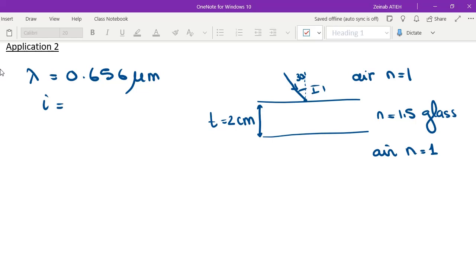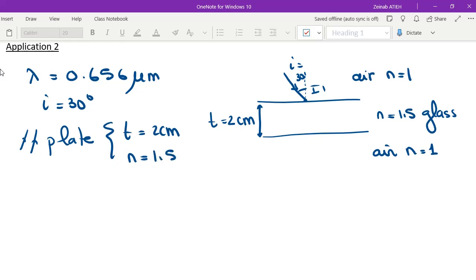I have I equals 30 degrees, and this is the I. The parallel plate has thickness T equals 2 centimeter and it has an index N equals 1.5. So I have a glass parallel plate with parallel faces, the light will pass through it, enter from the first side and emerge from the other side.